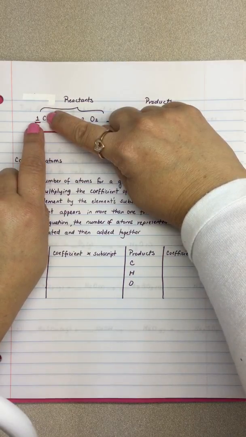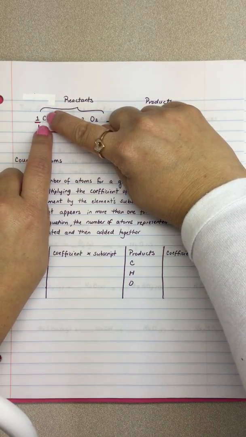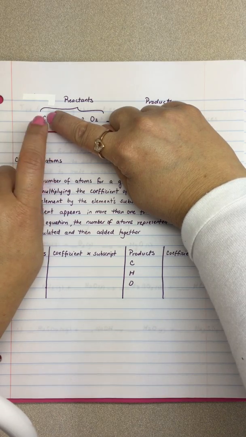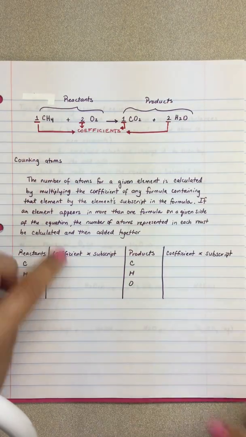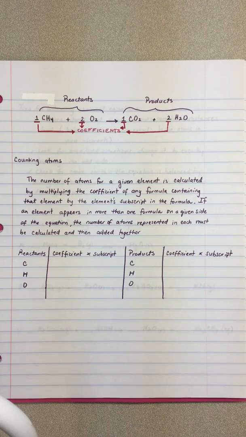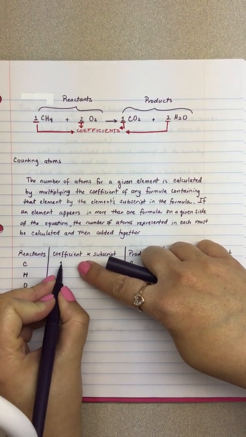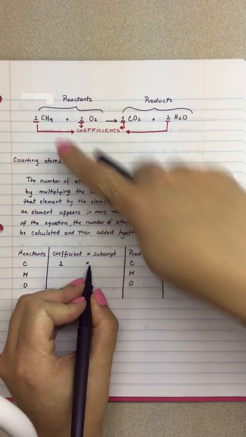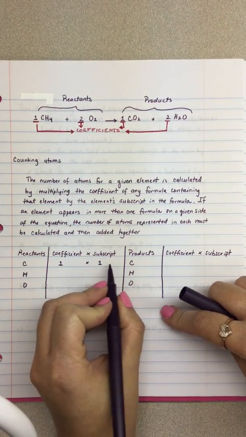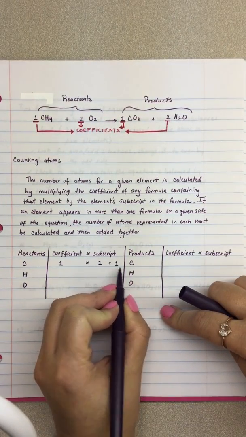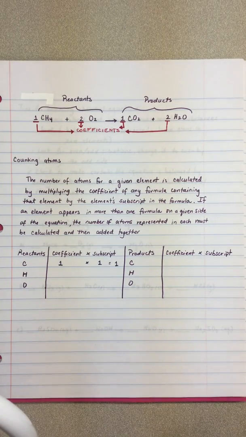So that will be 1 from your coefficient times 1, the subscript for your carbon. That's giving you a total of 1.